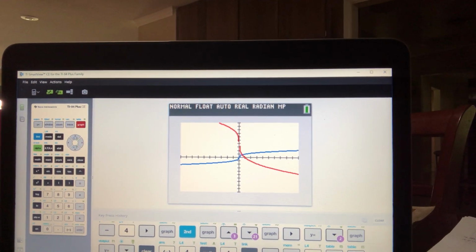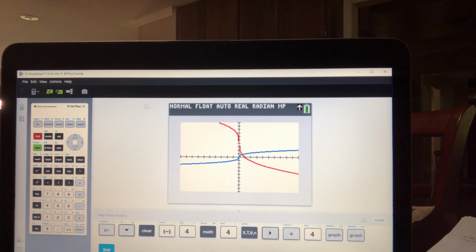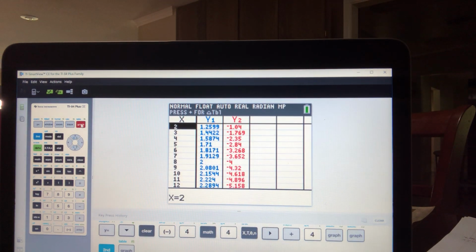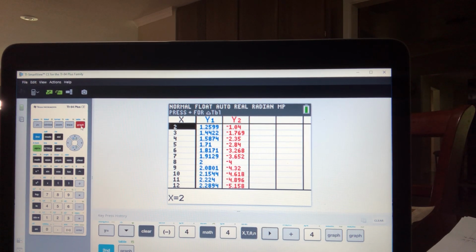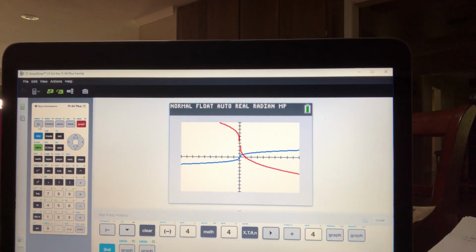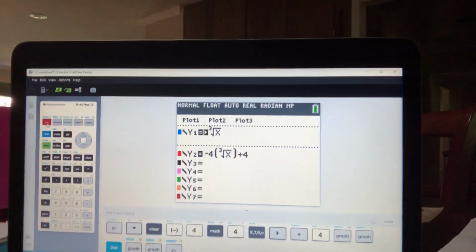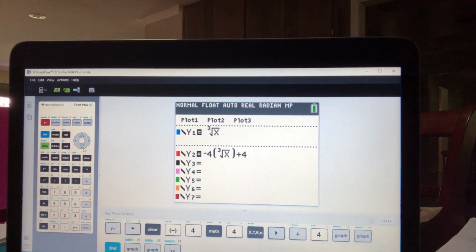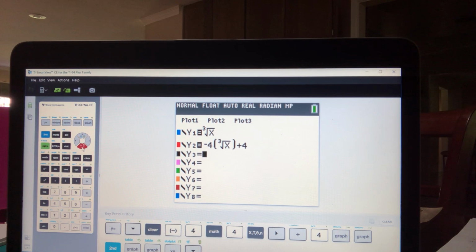Like before, I would like you to go to the table, so second table, and plot points. And again, you can skip over anything that's a decimal and find just whole number values. Okay, so transformations on this one. So look at that graph and look at this equation. The cube root is the parent function, so we want to compare the second equation to that. This one has several things going on.